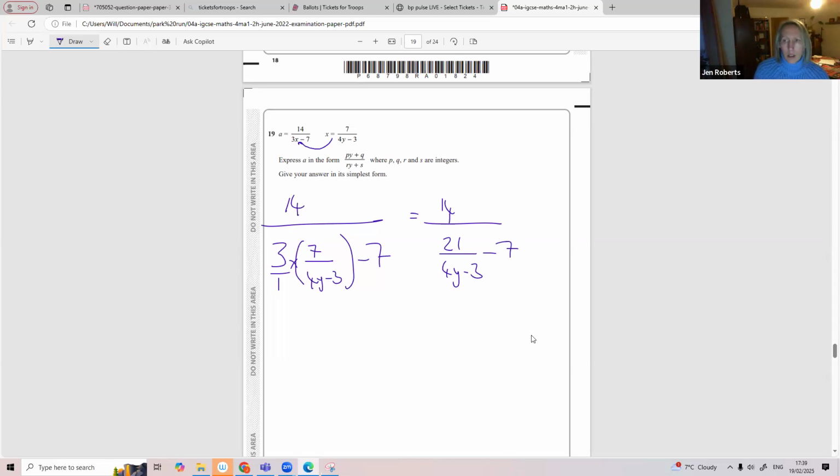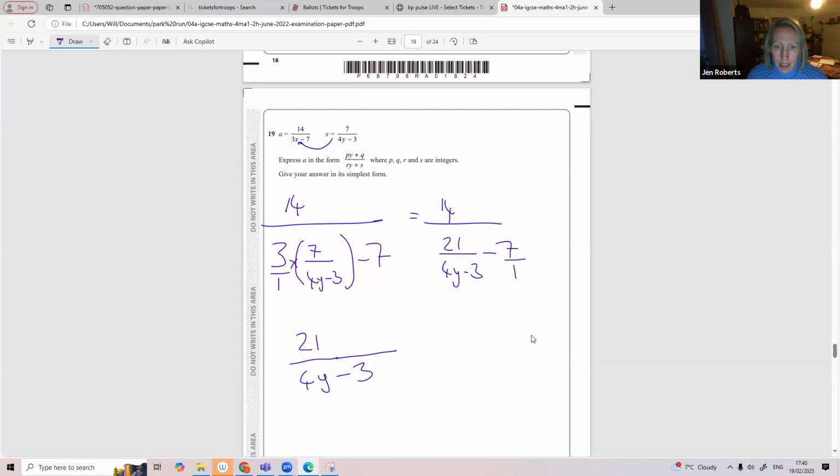When you've got it as a fraction like this, you need to work out the rest of that denominator. I'm going to do that by making a common denominator of 4y minus 3, because at the moment that's 1. To get a common denominator, you just multiply your denominators together. This is already out of 4y minus 3, so we don't need to mess with that 21.